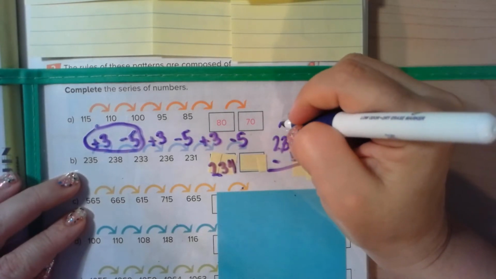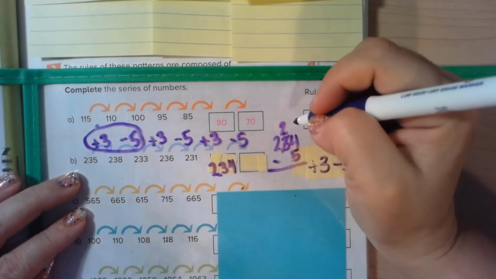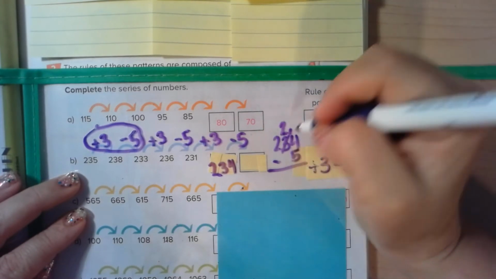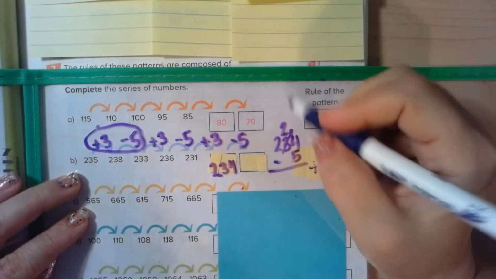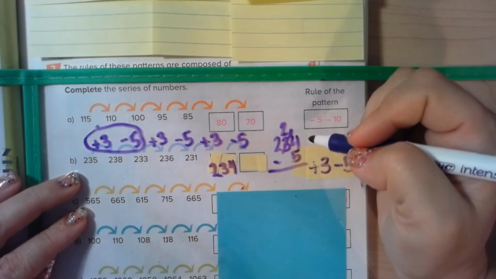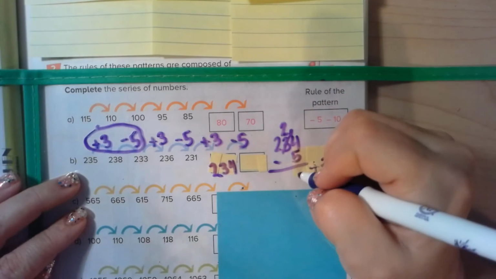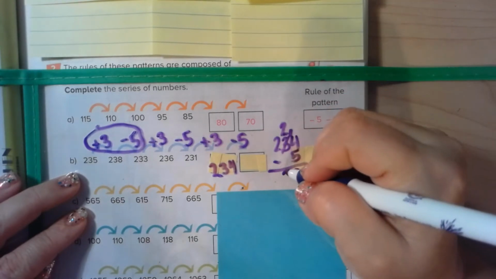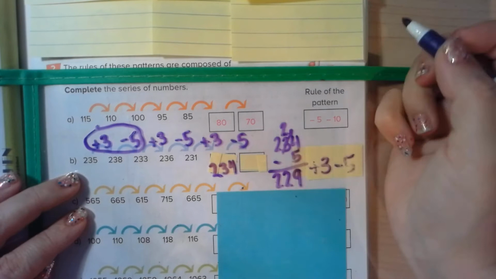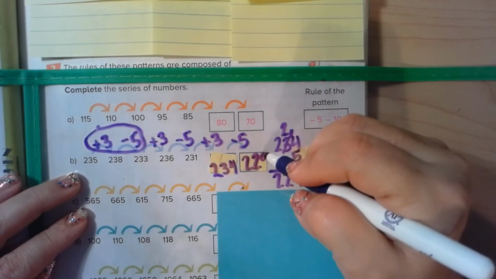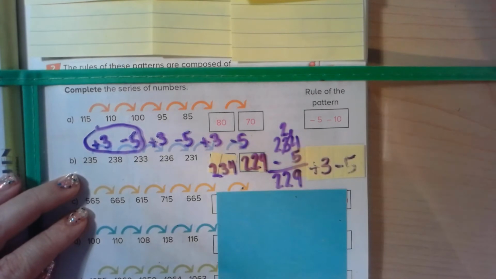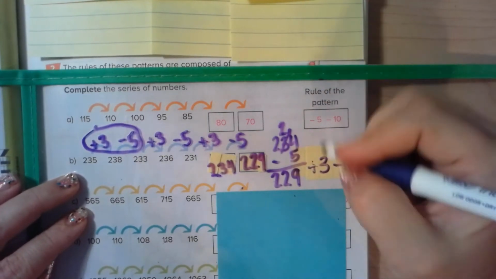The 3 becomes a 2. And then I move the 10 over to my ones column, and now I have 14. So 14 take away 5 is 9. Bring down my 2. So I have 229.